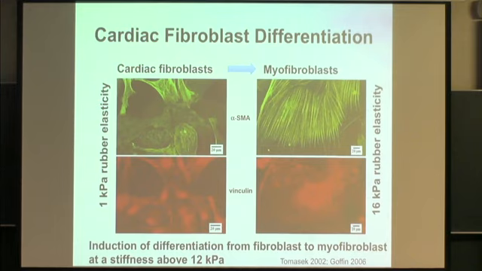So it really looks like an entirely different cell, and in some sense it also is, because that stiffness signal is enough to induce differentiation of this cell type from a normal fibroblast to a myofibroblast, and that's irreversible. If you take these cells, trypsinate them away, and plate them on 1 kilopascal, they will still be like that.